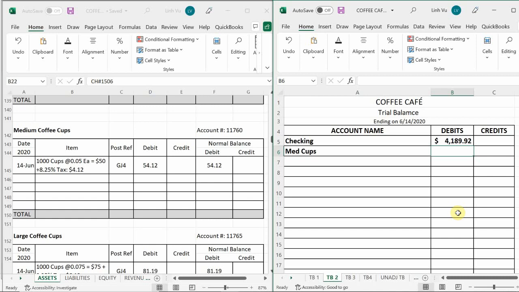How much did it cost me to purchase my medium coffee cups? How much did I spend?